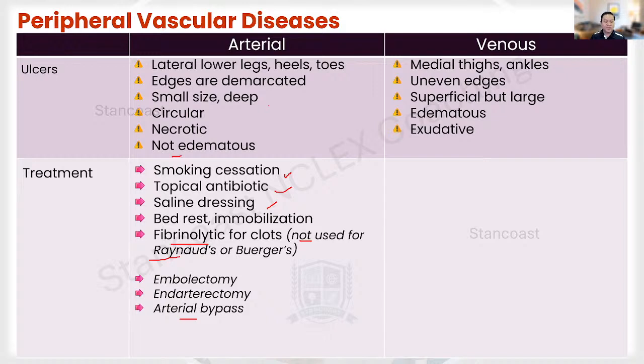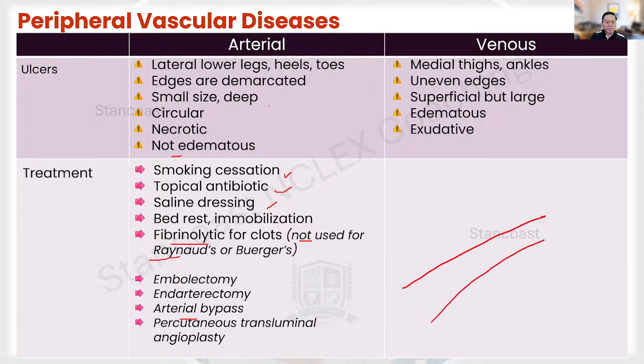Now, there's another procedure we call the PTCA, or the percutaneous transluminal angioplasty, which is going to involve the insertion of the balloon, and it will be inflated into the artery in order to compress the plaque against the arterial walls. So basically, guys, it's pretty much the same kind of procedure that is done in a patient with an MI, right?